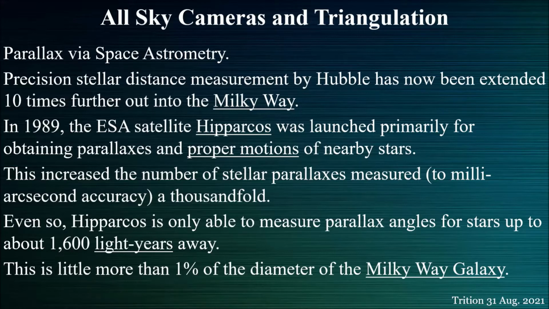Even so, Hipparcos can only measure out to a distance of about 1,600 light years from the Earth, which is only 1% of the diameter of the Milky Way. So while things have moved on, we still aren't there.